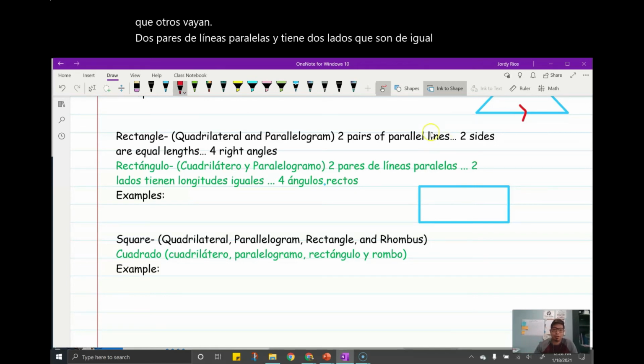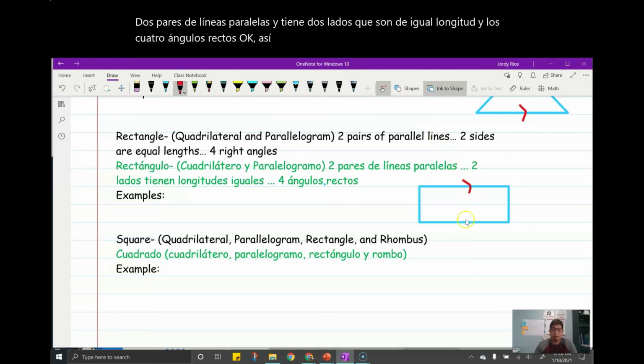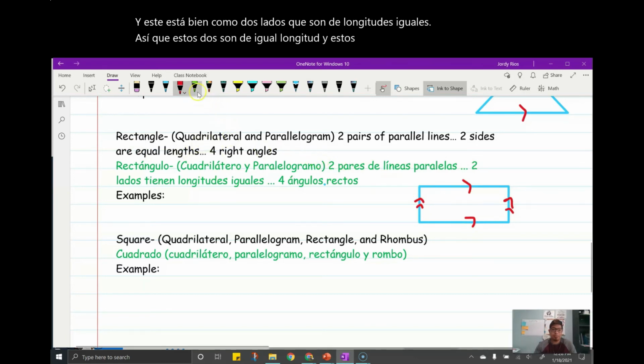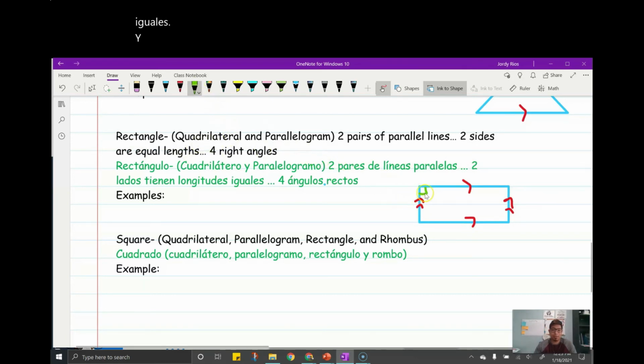So let's look at the parallel lines: here and here, and this one and this one. These two are equal lengths and these two are equal lengths. And then four right angles: here, here, here, and here. That's a rectangle.